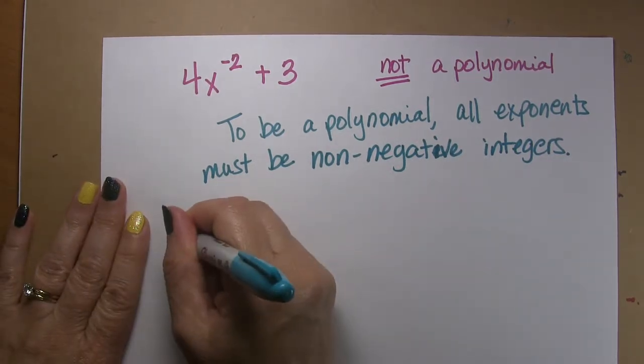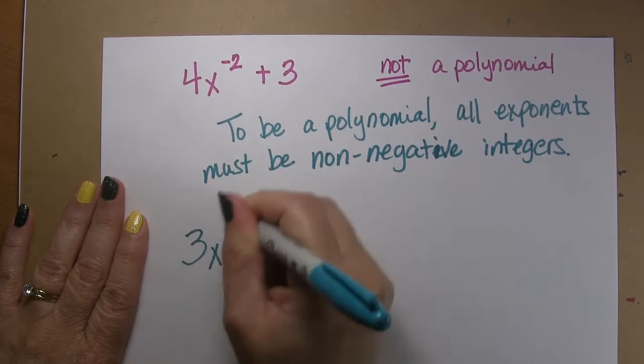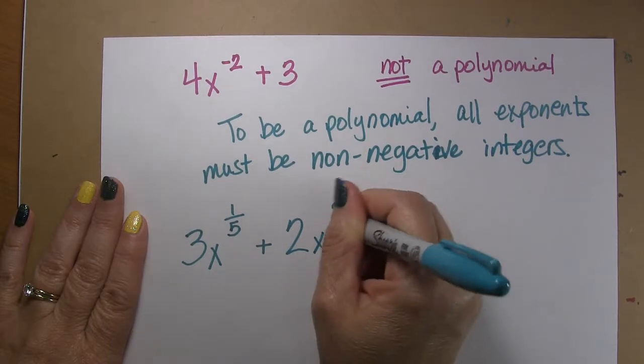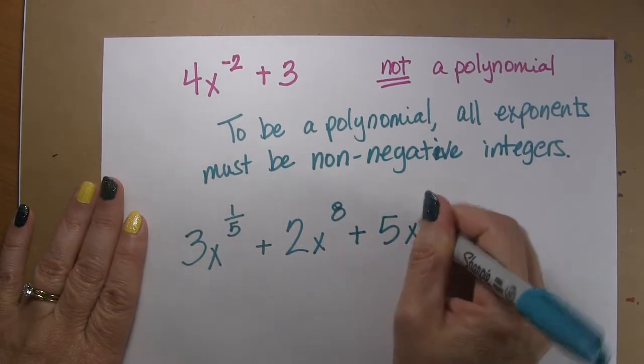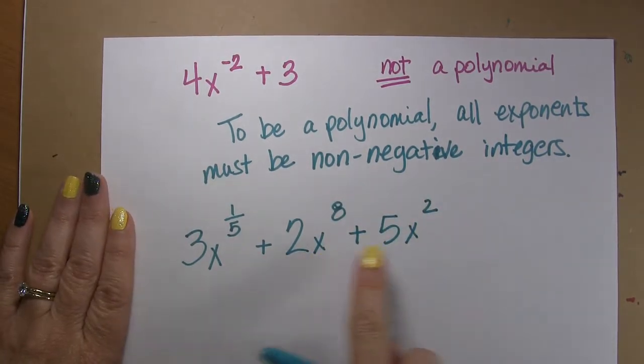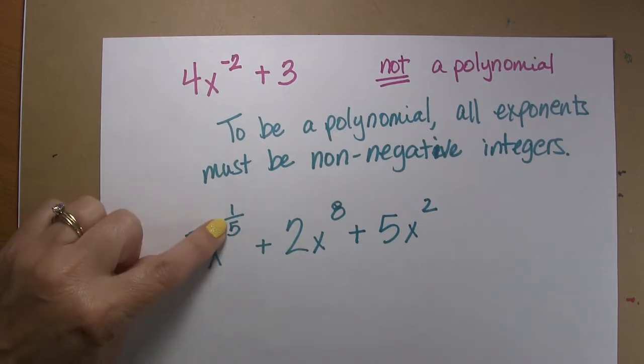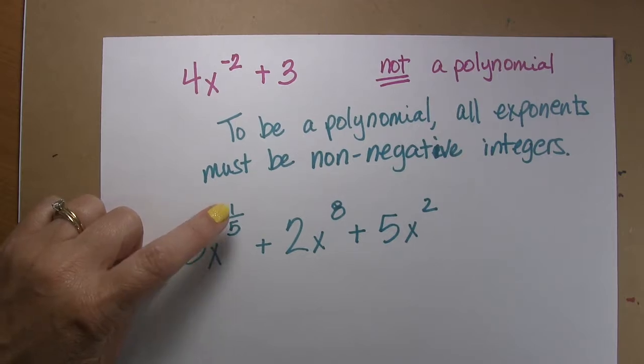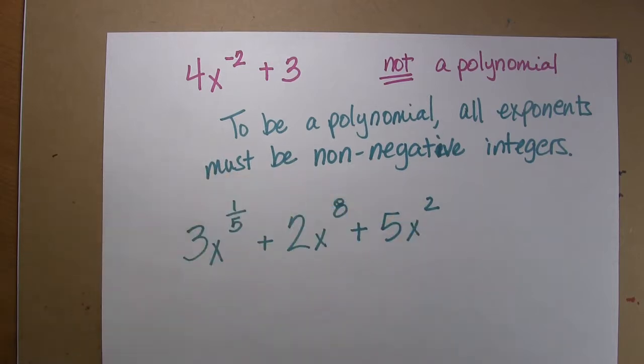This would also not be a polynomial if I had 3x to the 1/5 plus 2x to the 8th plus 5x squared. It looks like it might be a trinomial, but it's not, because this is 1/5. This is not an integer. Even if I wrote it as 0.2, it would not be an integer. So these have to be like normal numbers up here.